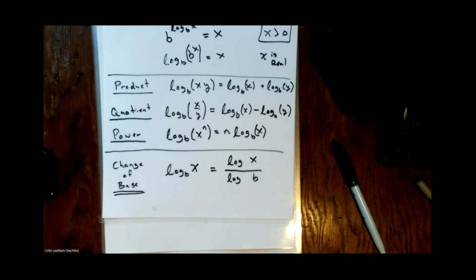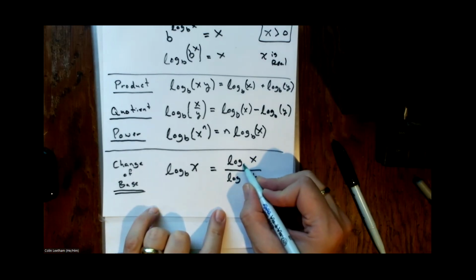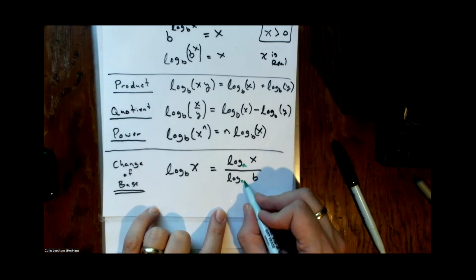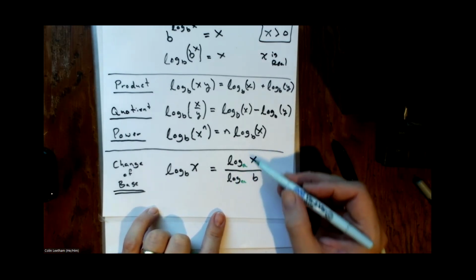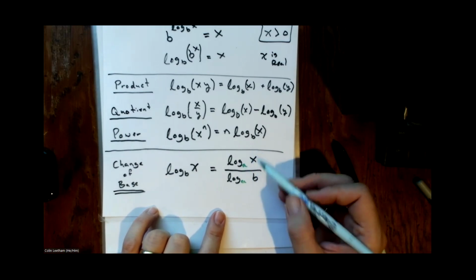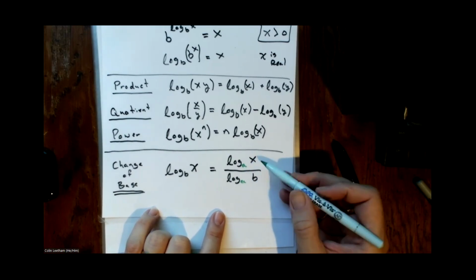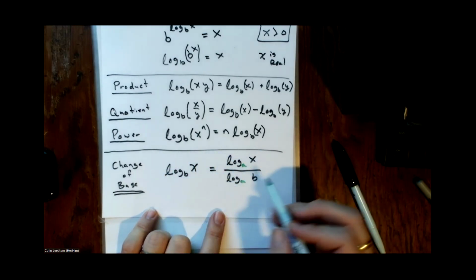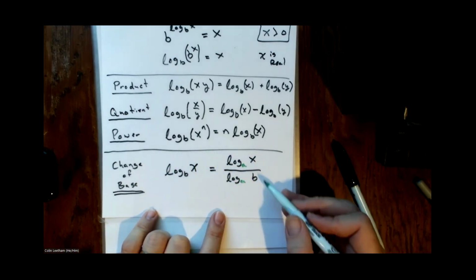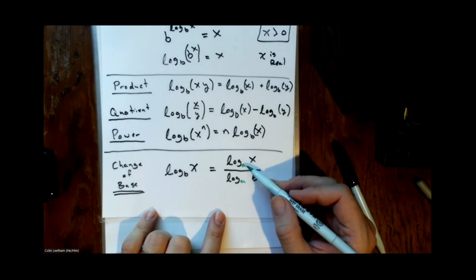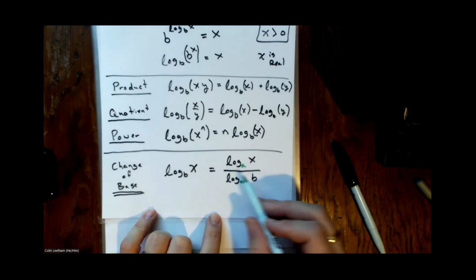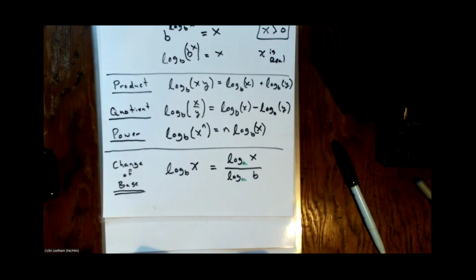So I could call that log base a instead of b, which means that if I decide to use common log, I could use common logs and evaluate whatever this would be. Or if I wanted to use a natural log, which is, of course, a logarithm with a base of e, it's usually written ln as opposed to log base e.